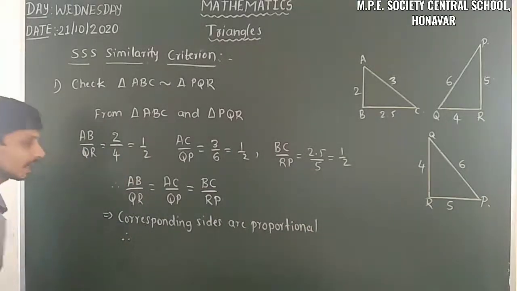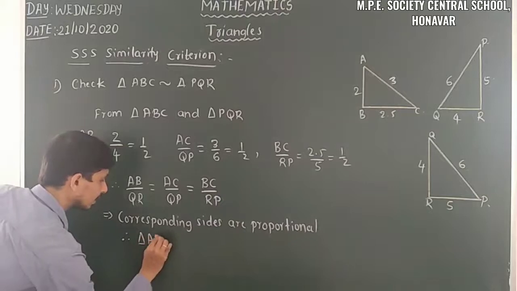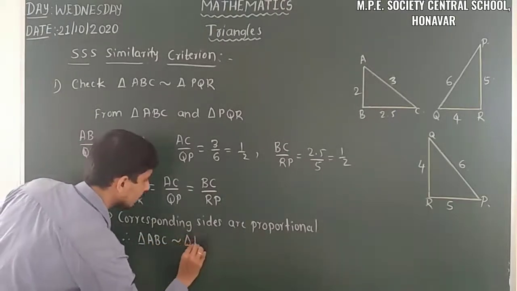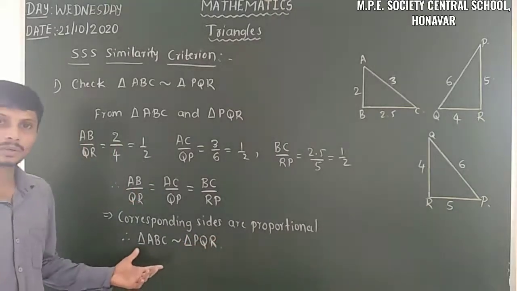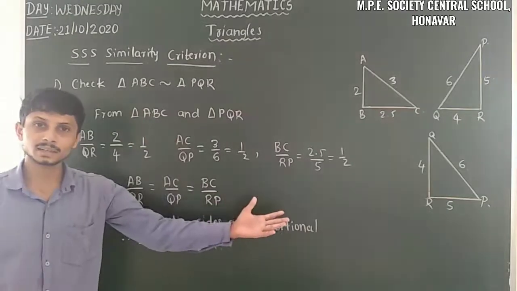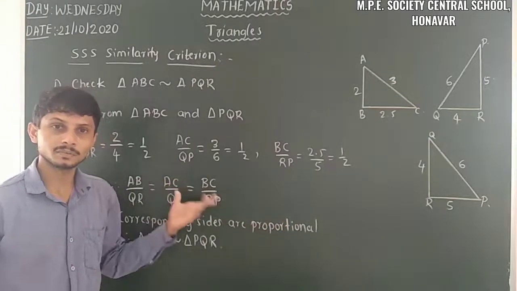Therefore, those two triangles are similar, that is, triangle ABC is similar to triangle PQR. So all the corresponding angles are equal and all the corresponding sides are proportional. We already got it.